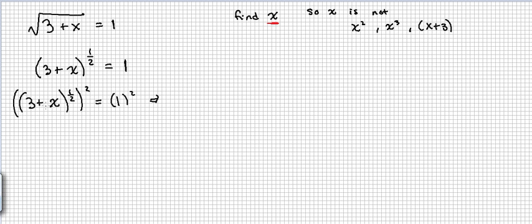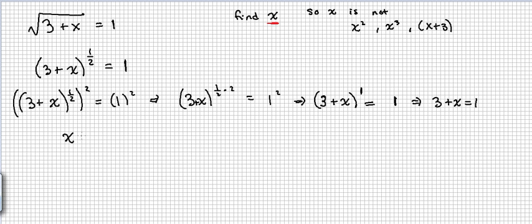So this will be 3 plus x to the 1/2 times 2 is equal to 1 squared. Well, this will just go to 1. Anything to the first power is just itself. This will go to 3 plus x to the first is equal to 1. 3 plus x is equal to 1.